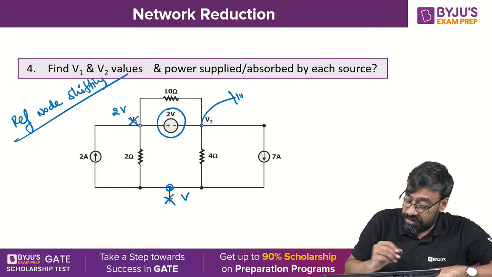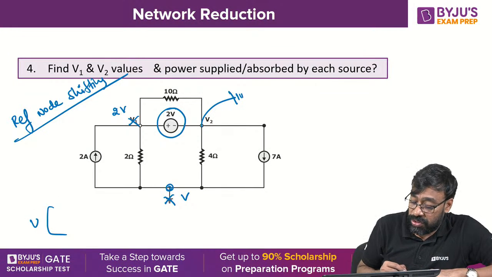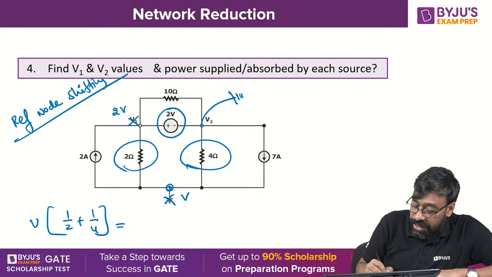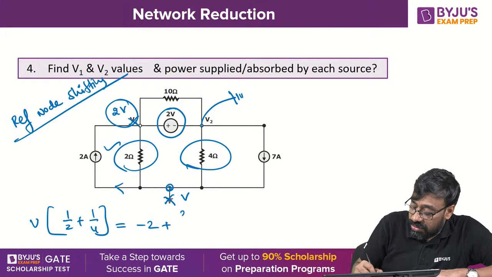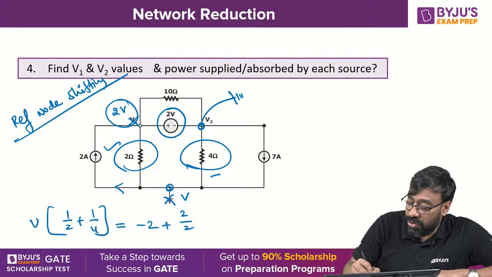So now tell me here, V of 1 by 2 plus 1 by 4. This is leaving current, therefore minus 2. This is 2 volts, right? 2 by 2 you are supposed to take. You must be very careful, 2 by 2, when you are applying inspection. This is already 0 by 4, not required.